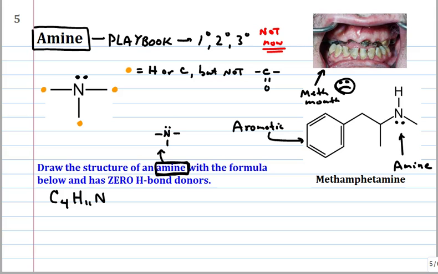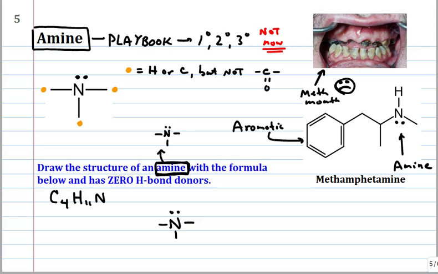So how am I going to do this? Well, here's the deal. I'm going to draw this nitrogen because I know that's in there. Ladies and gentlemen, am I going to have any hydrogens directly attached to this nitrogen? Because I said up here in amine, these orange dots off of the nitrogen can be hydrogen or carbon. But as soon as I put one hydrogen directly attached to the nitrogen, I have a hydrogen bond donor, and that's not allowed in this question.